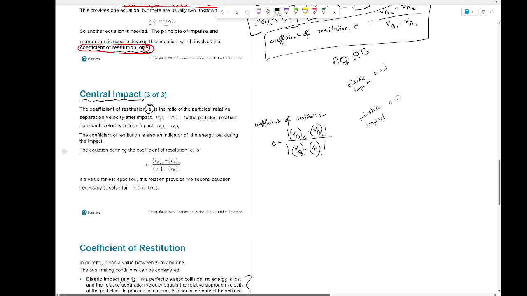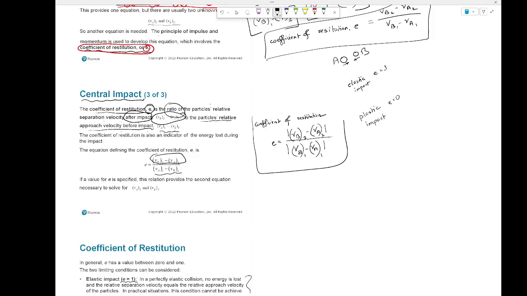First of all, the coefficient of restitution E for the central impact can be defined as the ratio of the relative separation velocity after the impact, which is vB2 minus vA2, for A and B, the two balls or objects coming together, divided by the particle relative velocity before the impact, which is vA1 minus vB1. For those same two objects, one refers to before impact and two refers to after impact. So this is the equation for E, and I did talk about it.